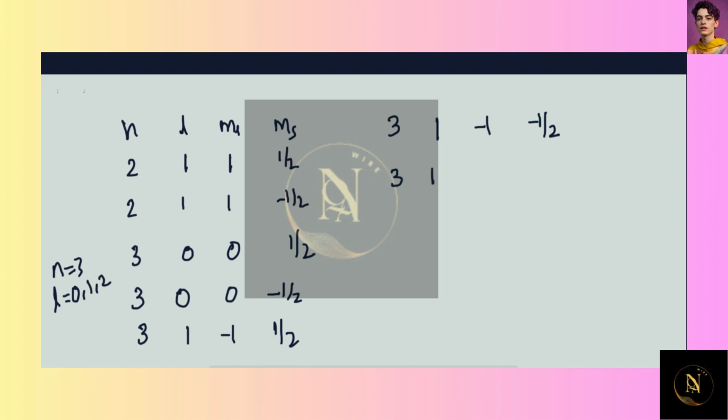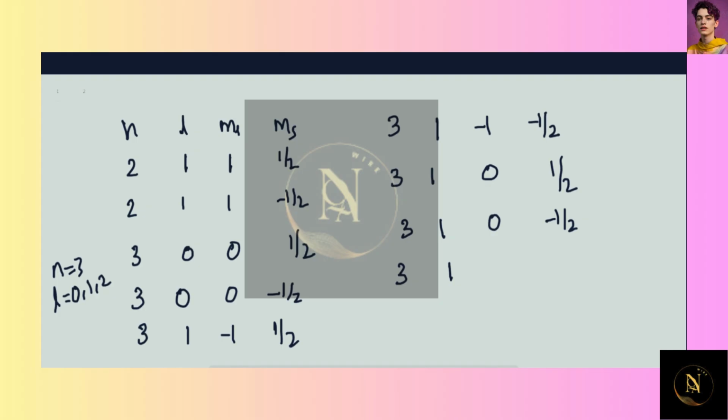Then when l is 1 and ml is 0, we again have two quantum numbers, corresponding to 1 half and minus 1 half. And when ml is 1, we have 1 half and minus 1 half.